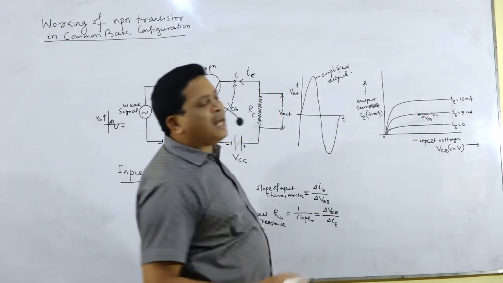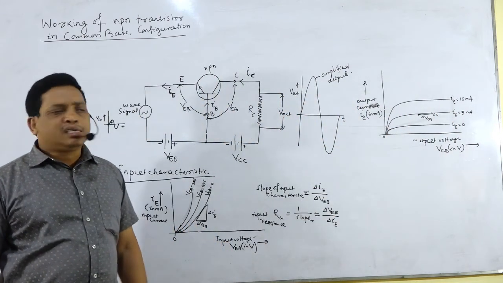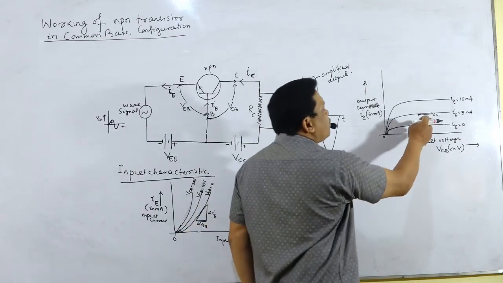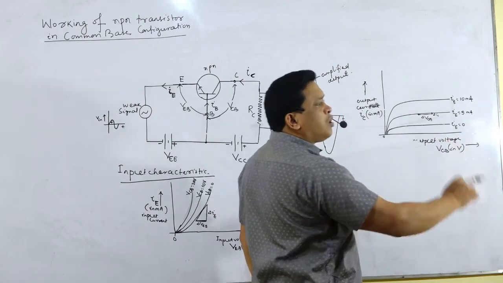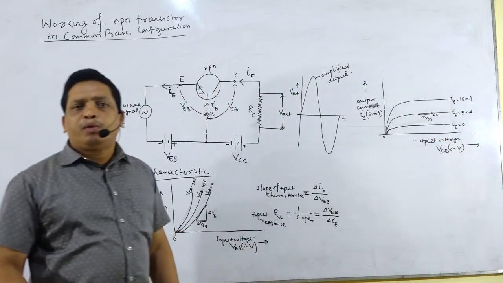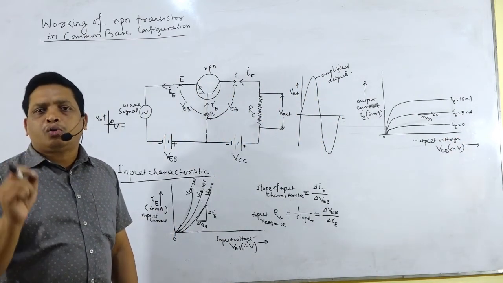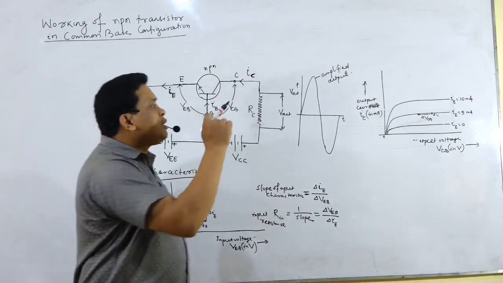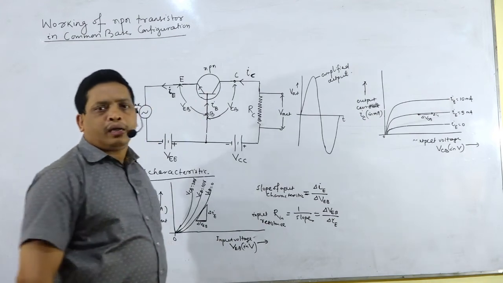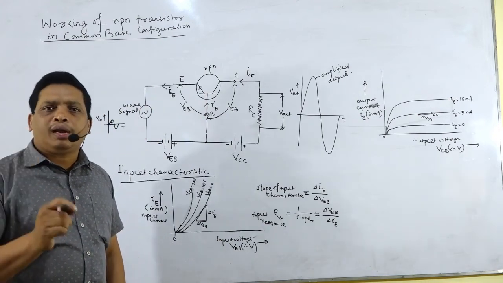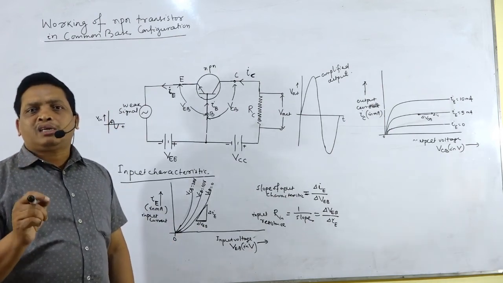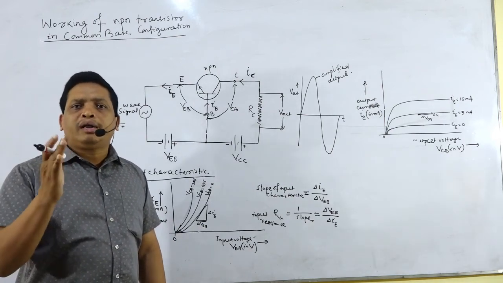So this shows that in the common base configuration, output current is not controlled by output voltage. It is controlled by the input current. So input current is controlling the output current.